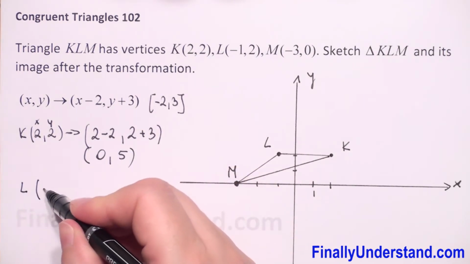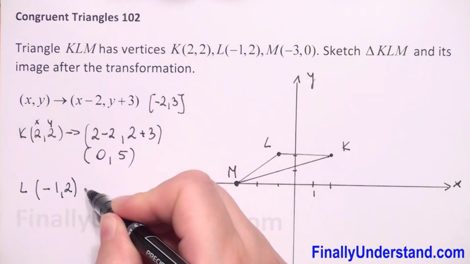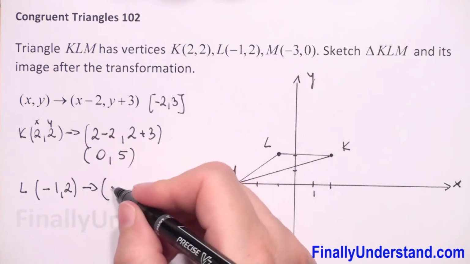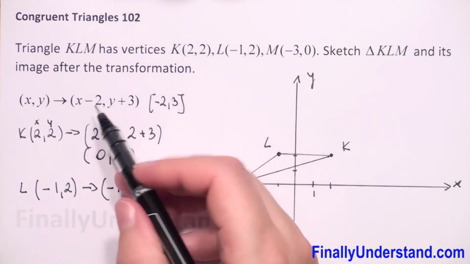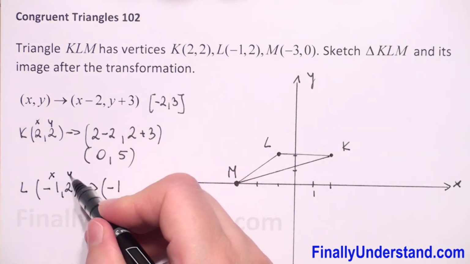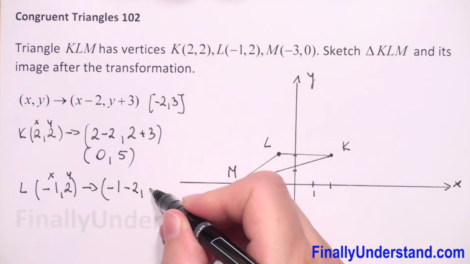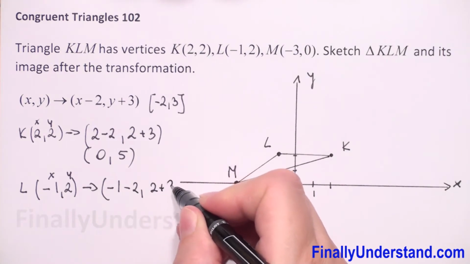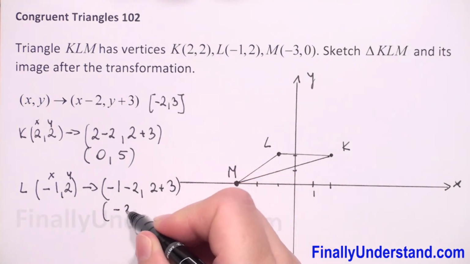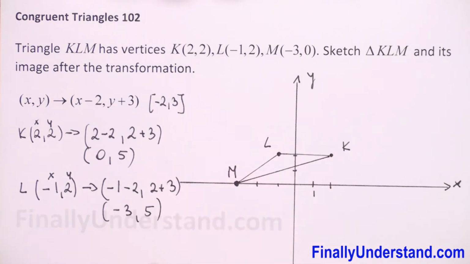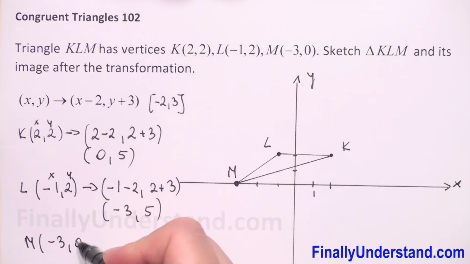L has coordinates -1, 2. So now will be -1, this is our x, this is our y. So will be -1 minus 2, and we have 2 plus 3. So we have -3 and 5. And M has coordinates -3, 0.